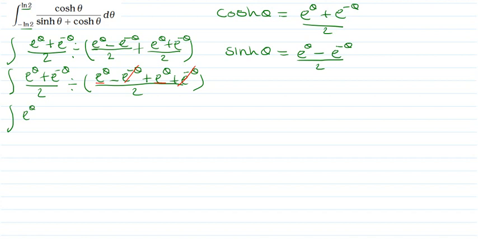So with this one, our integral is going to be e to the power theta plus e to the power negative theta, everything over 2, divided by 2 e to the power theta over 2.